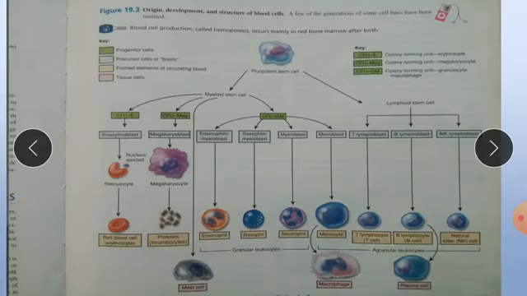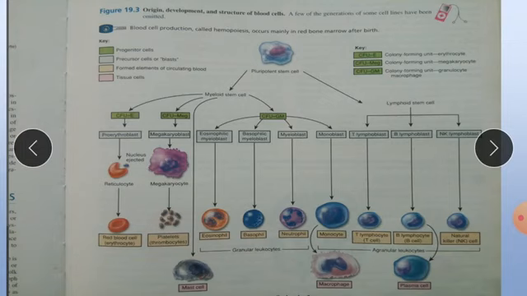Although the various stem cells have distinctive identity markers in their plasma membrane, they cannot be distinguished histologically and resemble lymphocytes. During hematopoiesis, some of the myeloid stem cells differentiate into progenitor cells.